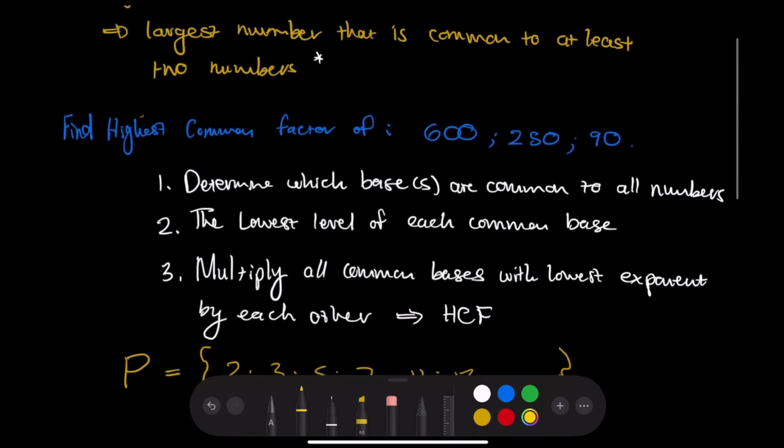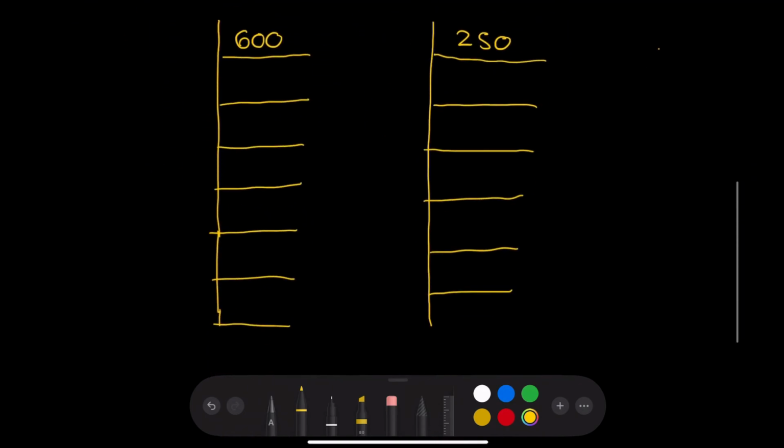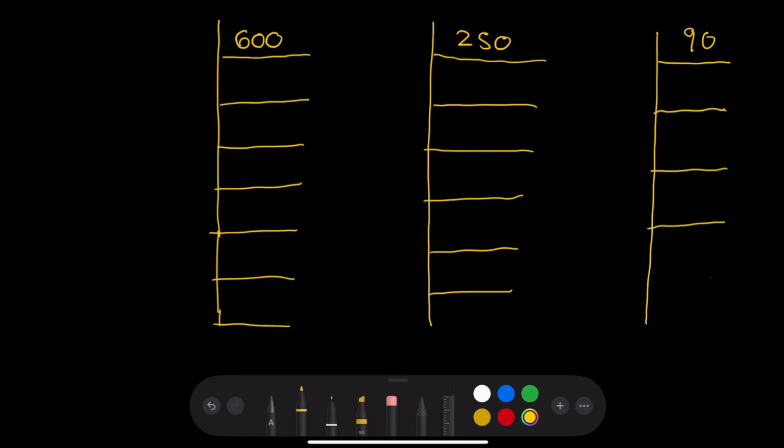And I also need to do this for 90. So let's go with 90.